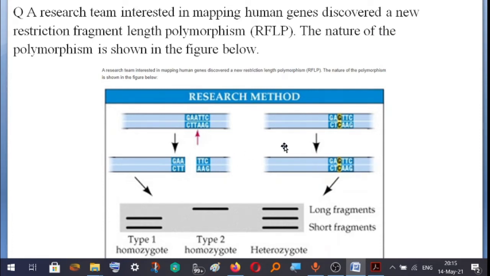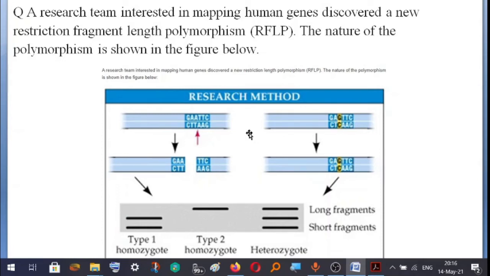On the other hand, there is a single nucleotide polymorphism inside the restriction site. We can see that in place of AT there is GC, which means there is a kind of mutation. We don't call it a mutation because this is a natural process. This is what we see in different populations of human beings.